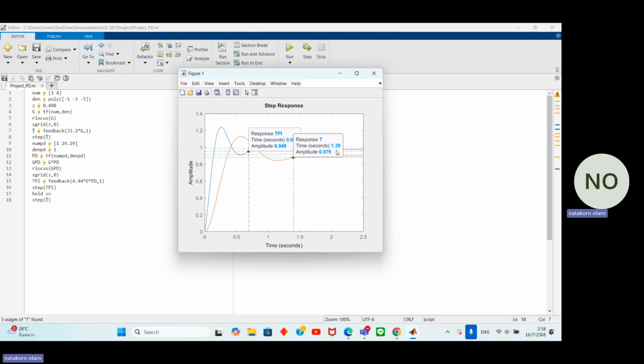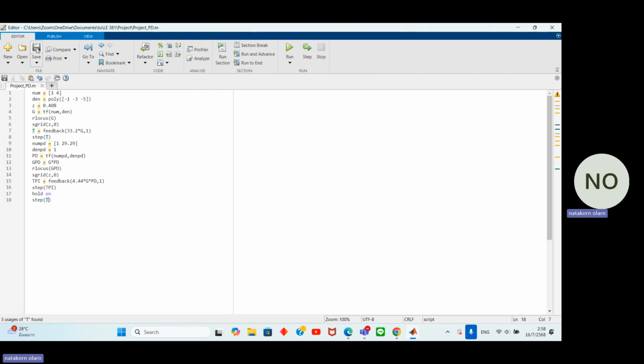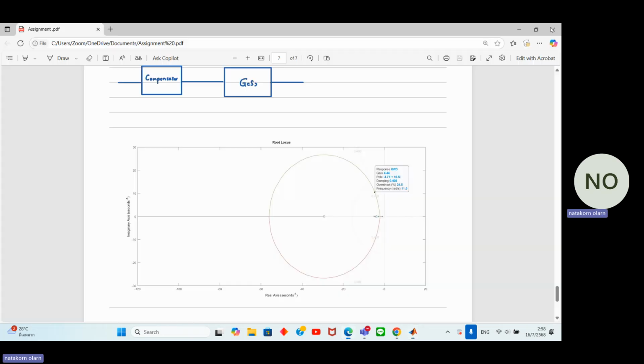The system before compensate is 1.39 and the system after compensate is about 0.685 seconds. So you can see that the settling time is reduced within the objective that we expect.